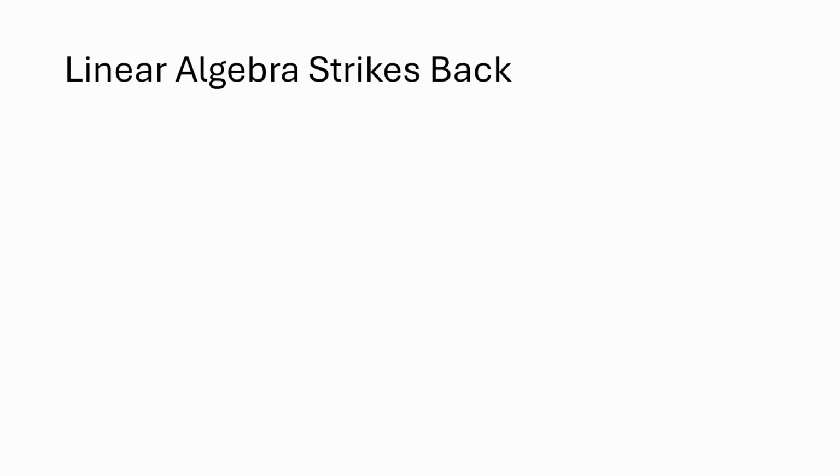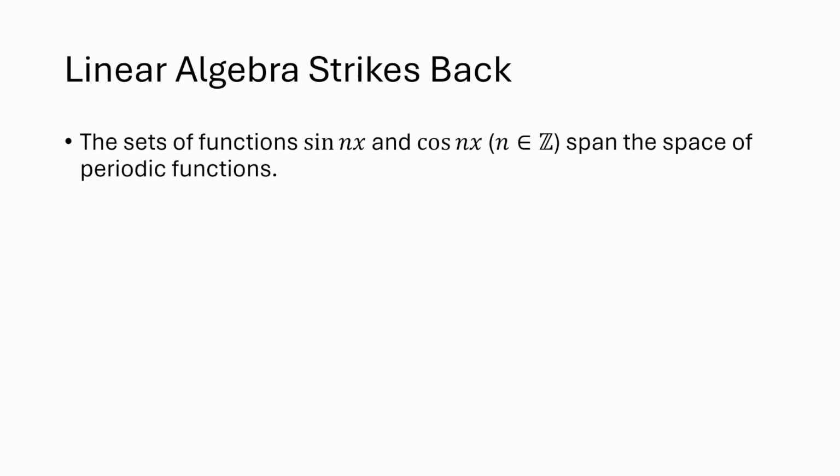Good news, all of our training in linear algebra is about to pay off. I mean, it already has been, but like even more so, because in the language of linear algebra, really we're addressing the question of, do the functions sine and cosine form a basis for the space of periodic functions?